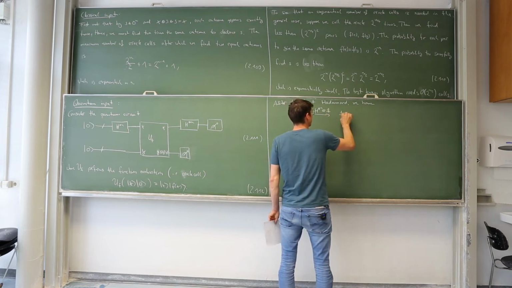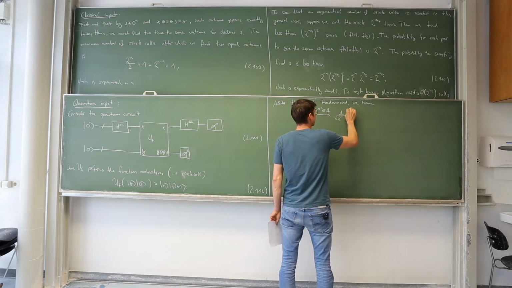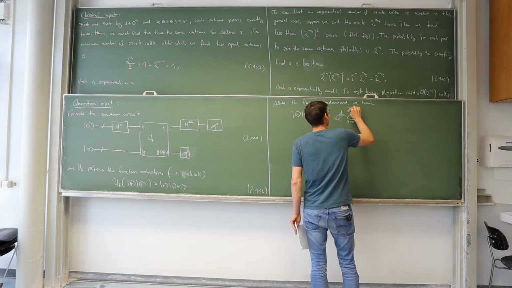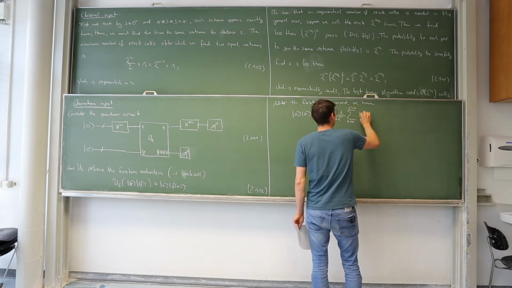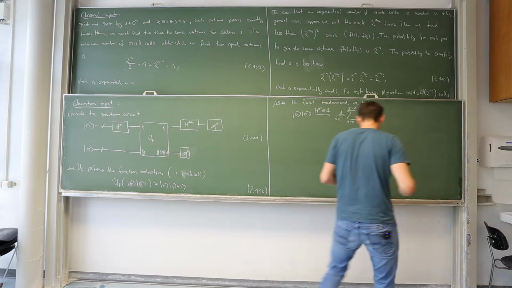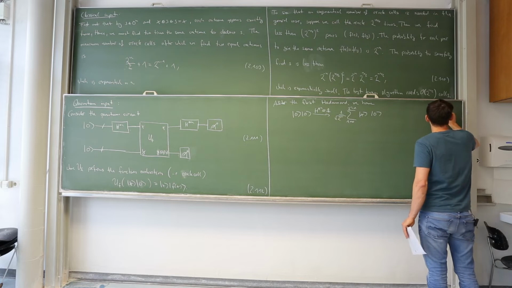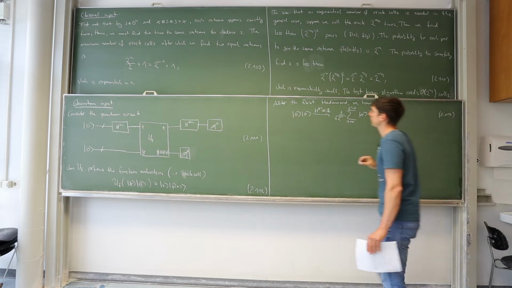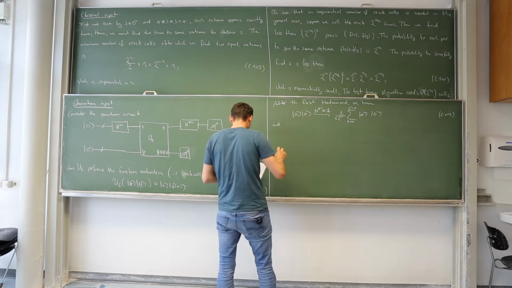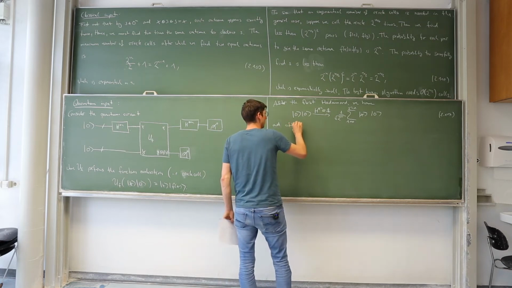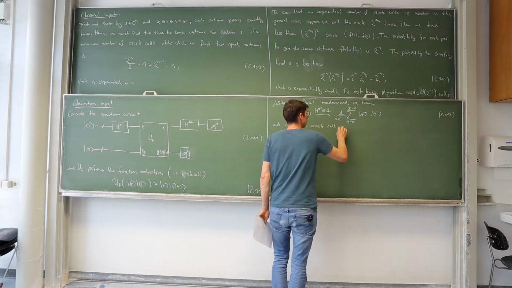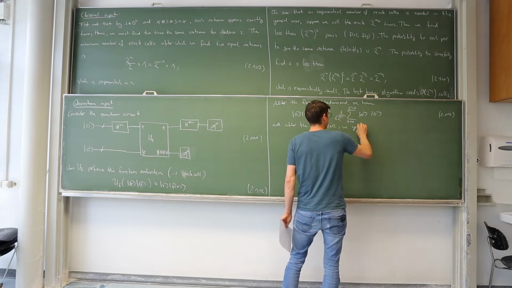So we have then 1 over square root 2 to the power of n, and then a sum over all states x, and here we have 0. This is equation 113. And after the oracle call, we get that.